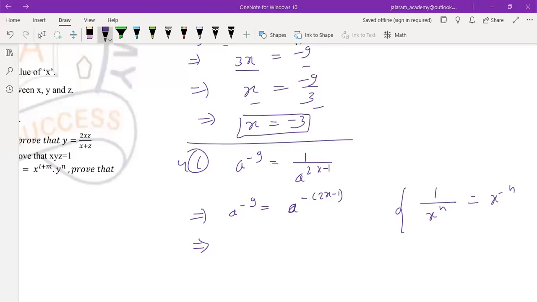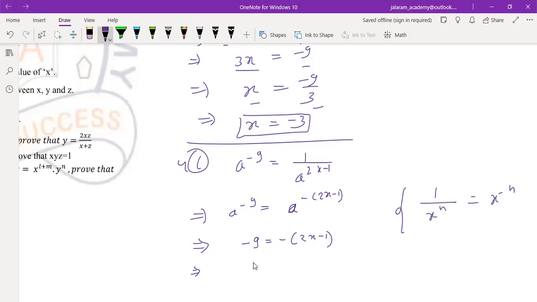Yes, sir. −9 is equal to −(2x − 1). These minus signs will be cancelled out both sides.